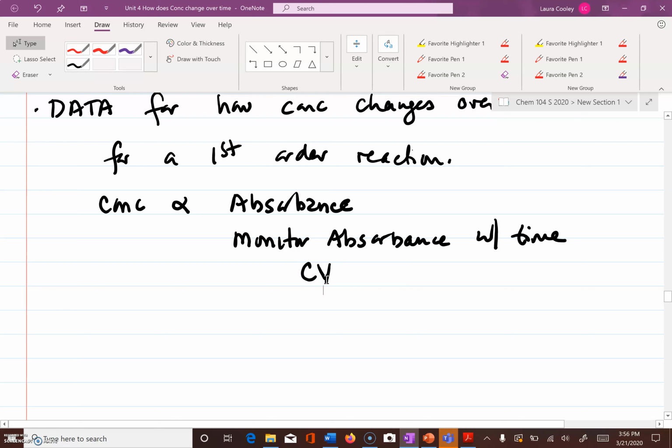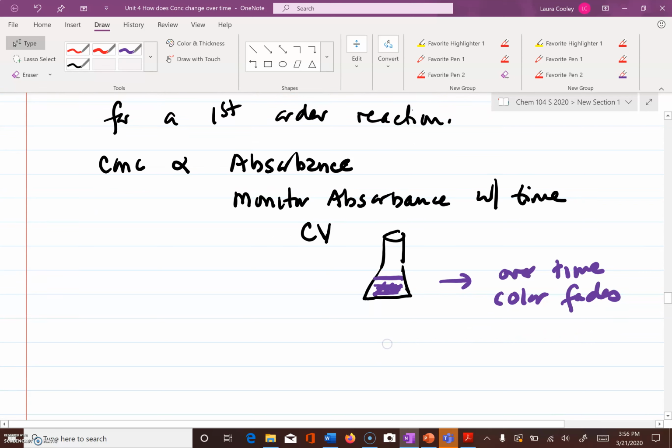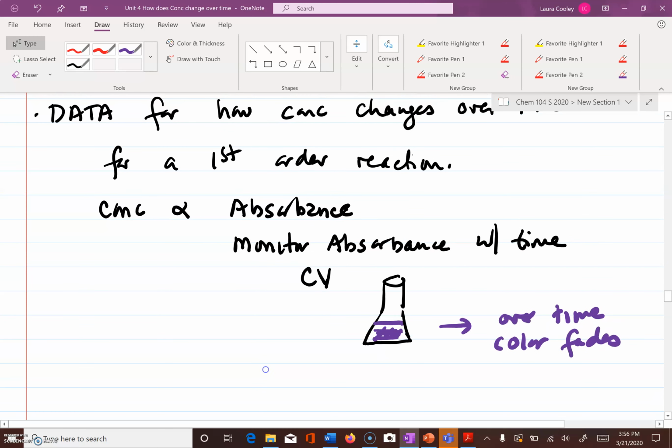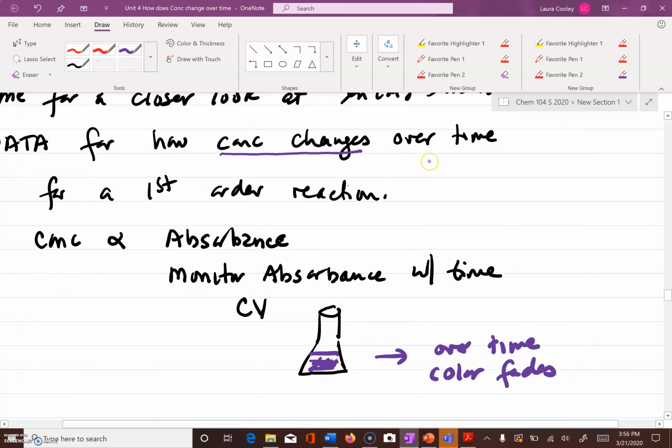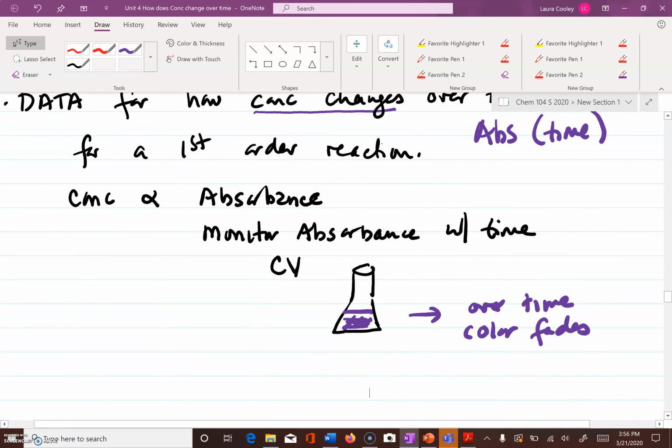As that purple color was fading over time, the chemical that's doing the absorbing is decreasing in concentration, and so it would absorb less and less as it had a smaller and smaller concentration.